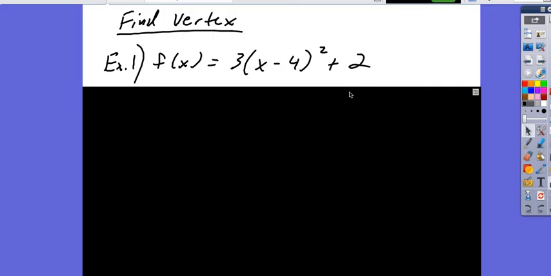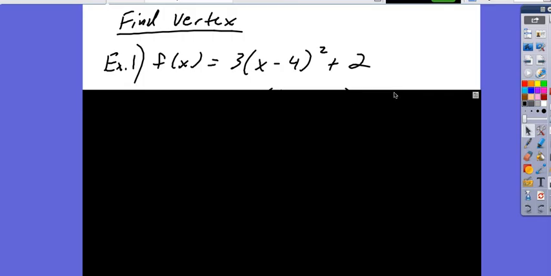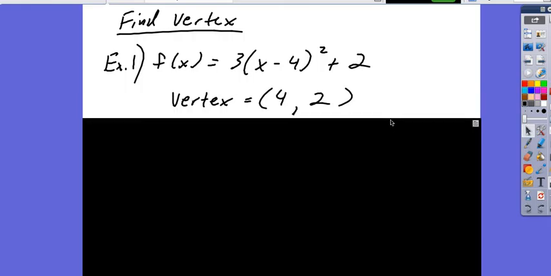Alright, so let's take a look. The vertex, like we said, is going to be the h value of the vertex, which is the opposite of what's inside parentheses. So we've got a negative 4 in here, right? And so the opposite of negative 4 is positive 4.